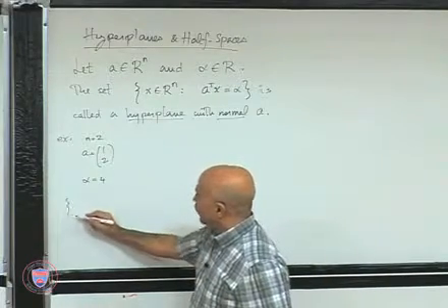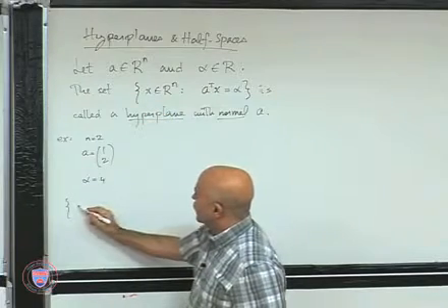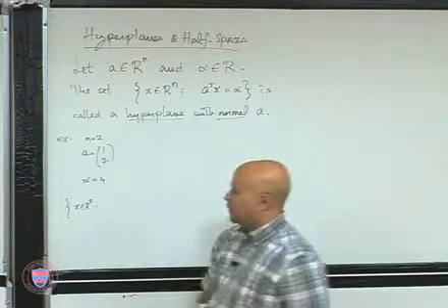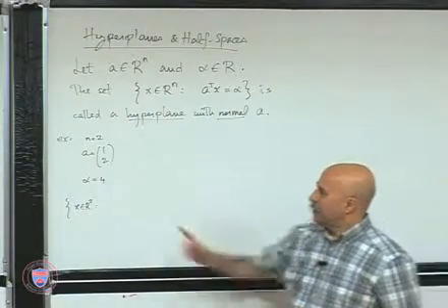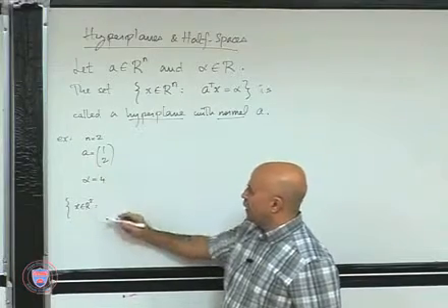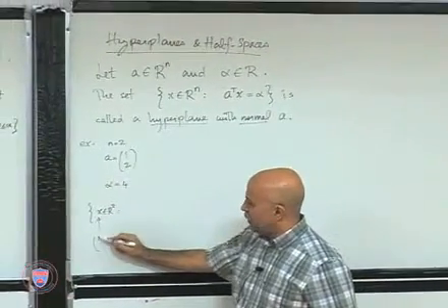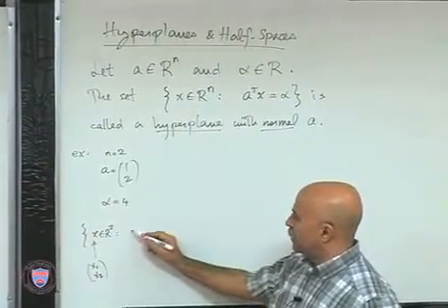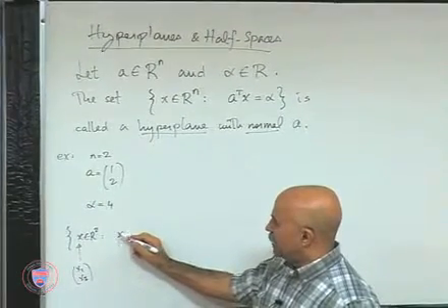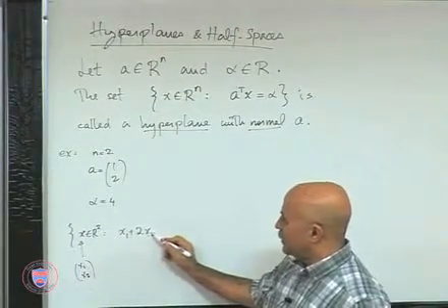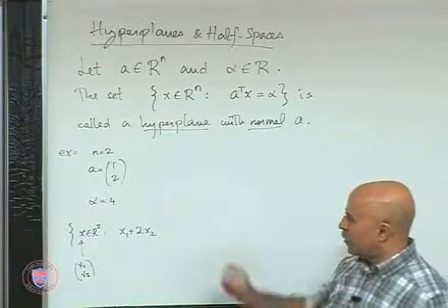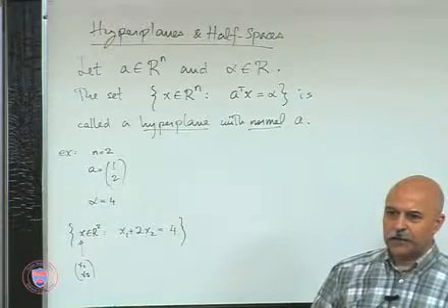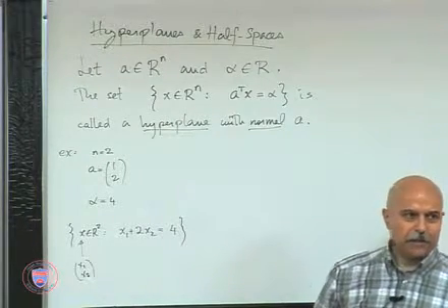I'm looking at the set of points x in two dimensions where A transpose times x, with x being the vector x1, x2, gives you x1 plus 2x2, and you require that to be 4. That's the equation of a line. It's really simple. So that's your hyperplane.